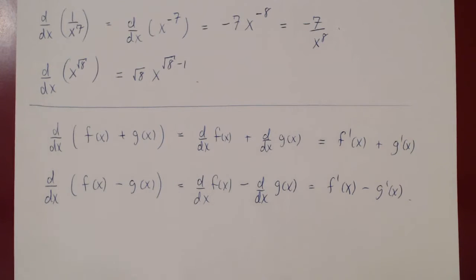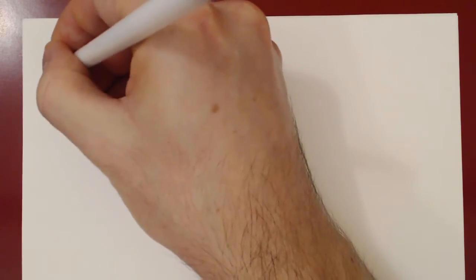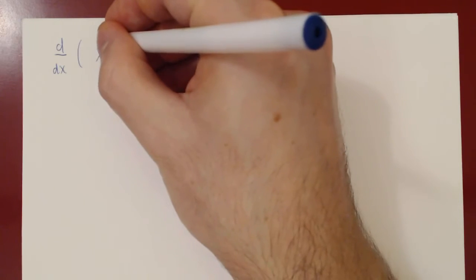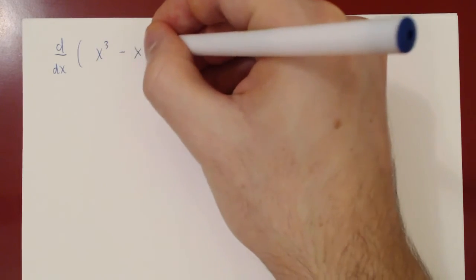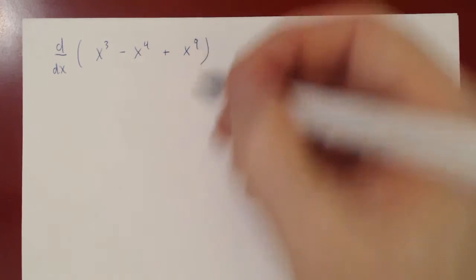Let's look at a few examples. So what if we said, let's find the derivative with respect to x of x cubed minus x to the 4 plus x to the 9.